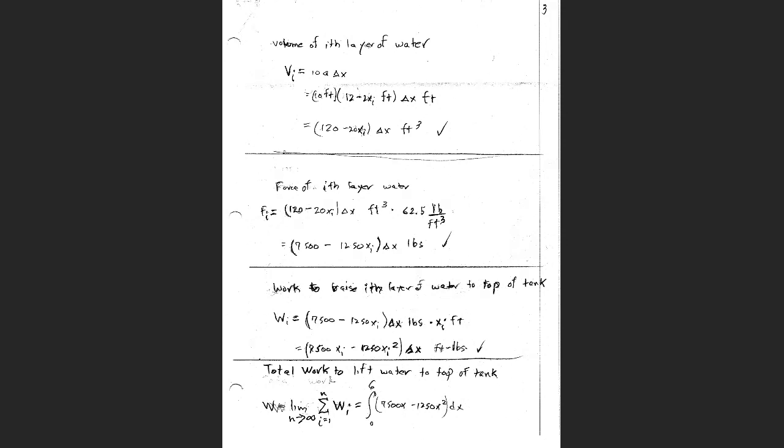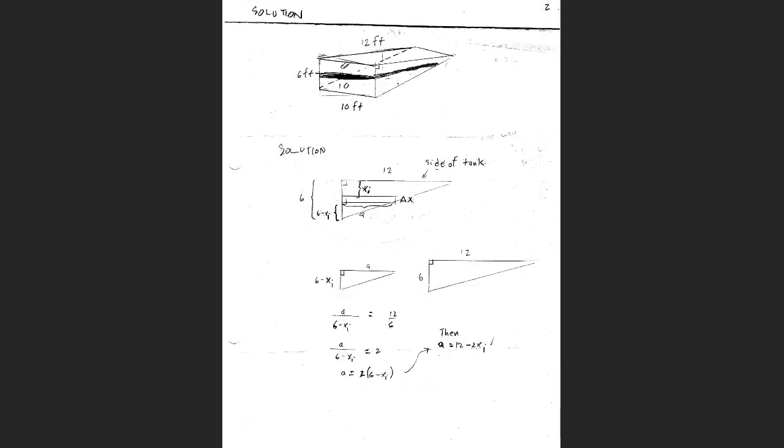These limits here, 6 and 0, are x limits, because we're integrating with respect to x. Remember, it's x sub i in the Riemann sum, but x is the distance that the layer of water is from the top of the tank.